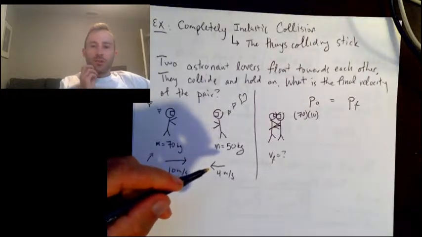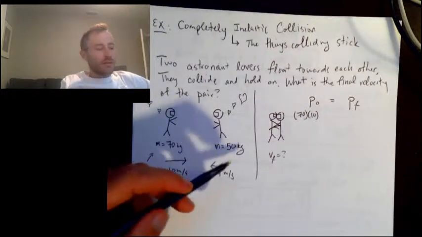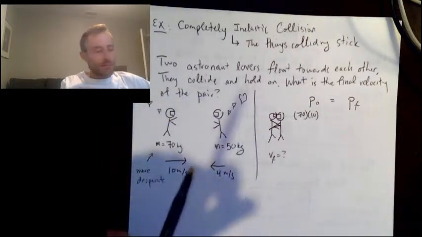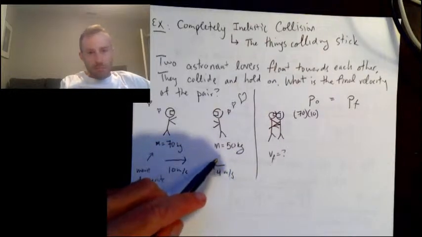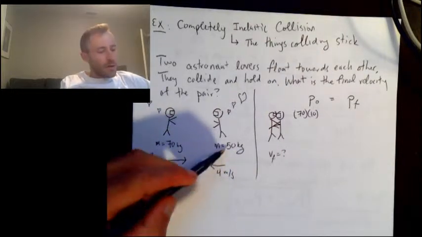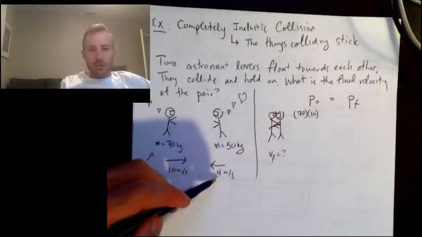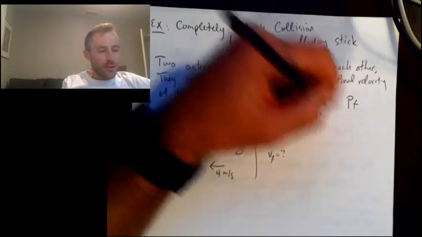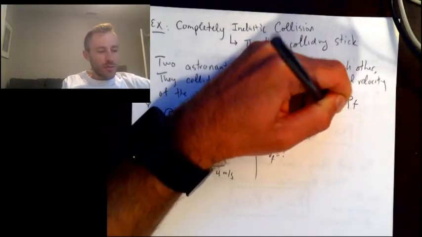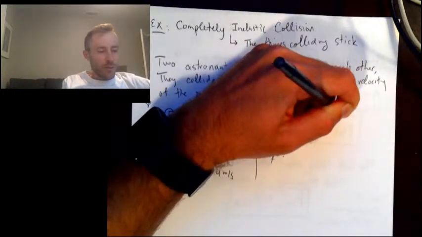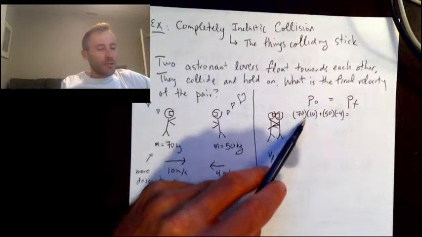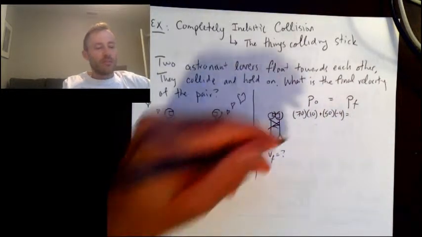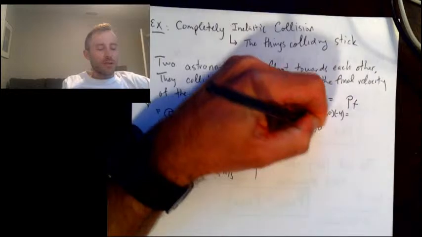Then we include the 50 kilogram astronaut, at 4 meters per second to the left, so the momentum is 50 times -4. So the initial momentum is 700 minus 200, 500 kilogram meters per second.